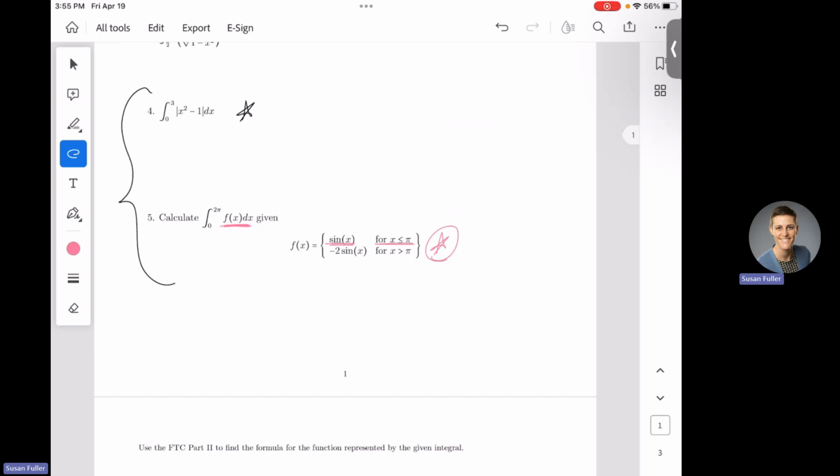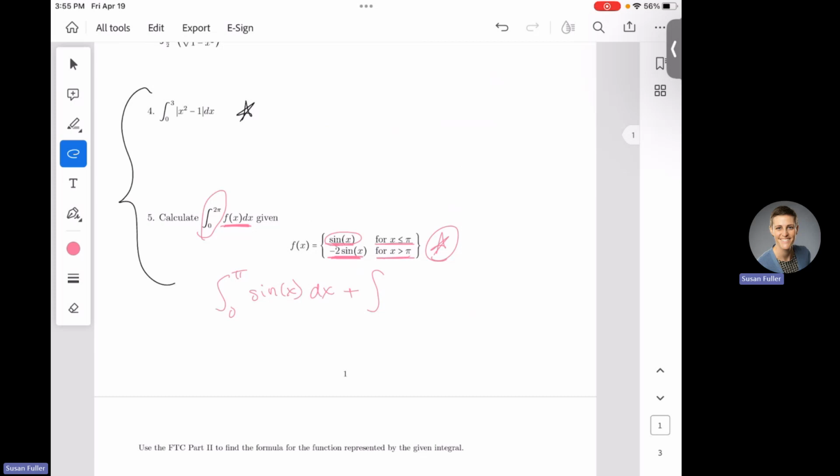So you're going to find the area underneath the sine of x for all your x's less than or equal to pi. So that's why this is the integral from 0 to pi of sine of x. You're just basically finding the area under this one for all of the x values in your interval that apply there. And then you'll add to that all of the area underneath this function for the x values that it applies to.